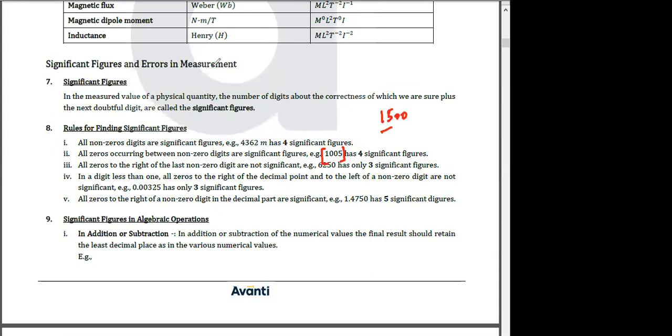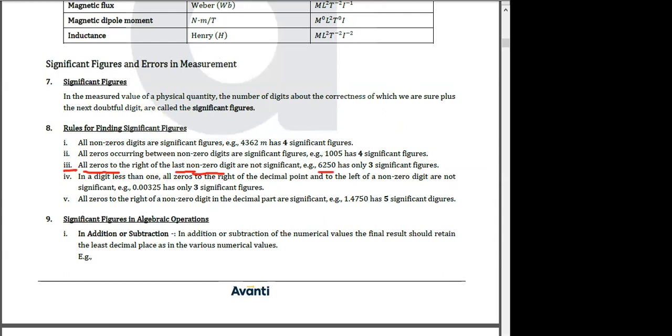Very good. So I can say if we have zeros to the right of the last non-zero digit, then they are not significant digits. Clear? Just remember this, there's no logical reason behind that. Okay? So I guess all of you are clear with the without-decimal part. Yes or no?